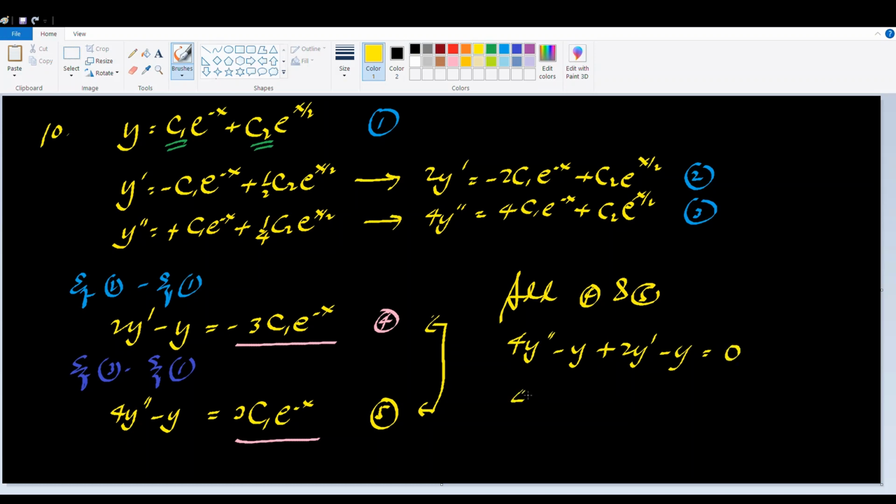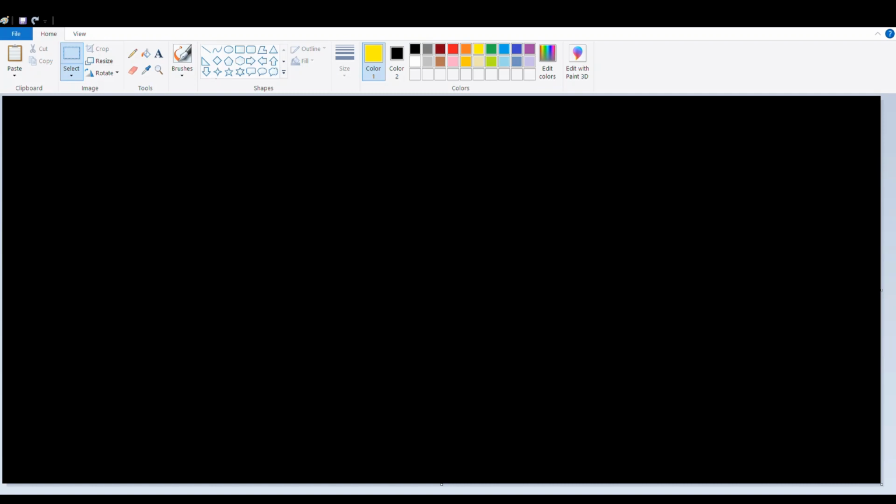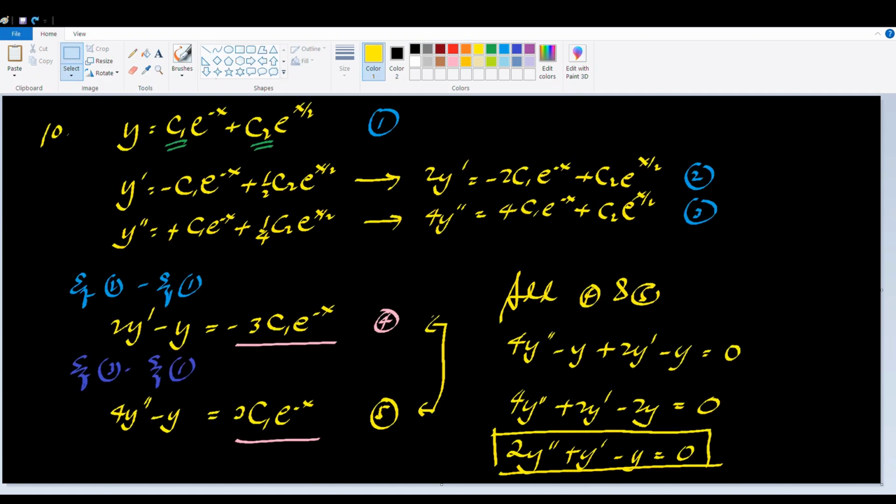So we have 4y double prime plus 2y prime minus 2y equal to 0, or 2y double prime plus y prime minus y equal to 0. There. Okay. What number are we? 11.